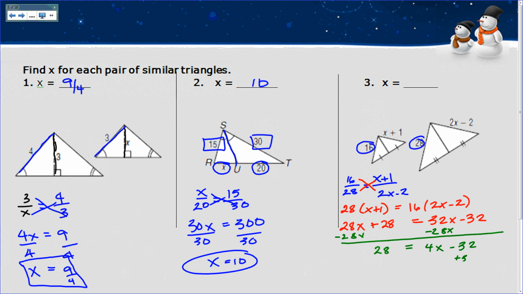And then I'm going to add this 32 to both sides. So I get 4x equals 60. And then if you divide both sides by 4, you get that x is 15. So x is 15, okay? So it's the same thing we've been doing, it's just now the parts are also similar to each other.